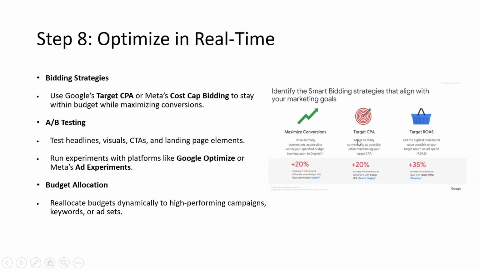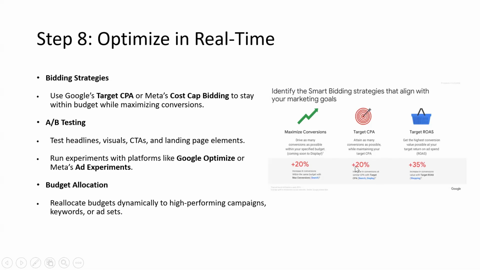So here, when we look at these pictures, we can identify the smart bidding strategies that align with our marketing goals, like maximize conversions, target CPA, or target ROAS. So when we choose maximize conversions as the bidding strategy, we drive as many conversions as possible within our specified budget. And when we use target CPA, then we want to attain as many conversions as possible while maintaining our target CPA.